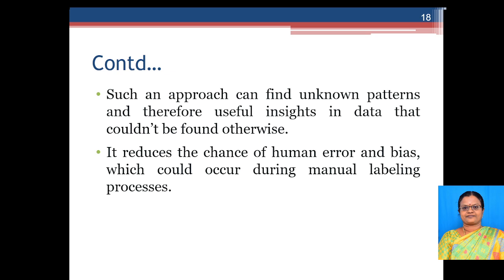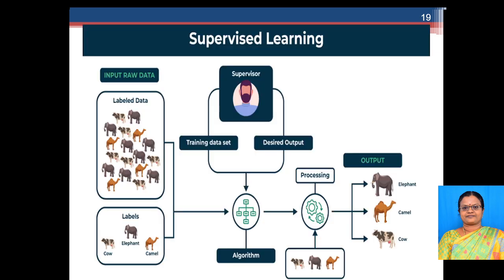It reduces the chance of human error and bias which could occur during manual label processing. So with in-depth analysis of the hidden patterns, there is a possibility of minimizing errors, right? So let's have a look at how supervised learning works.